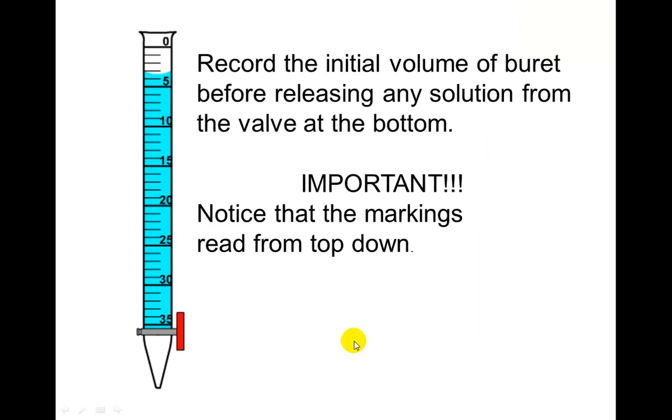So once we've transferred our solution into our buret, the first thing that we need to do is record the initial volume of the buret. Now, a few things to notice different here. Notice right here that our 0 is at the top and our 35 is at the bottom. And so when we read, we are reading it from the top down.